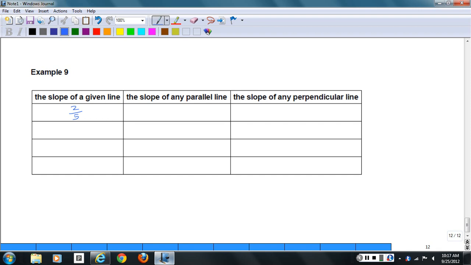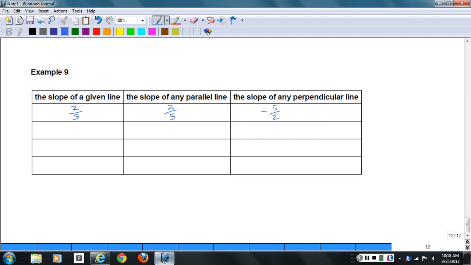Same slope. Okay, so we got a line with a slope of 2/5, maybe another line with a slope of 2/5. Any line that's perpendicular to either one of those lines would have what slope? Opposite sign, reciprocal: -5/2. So we multiply 2/5 by -5/2, we get -1.